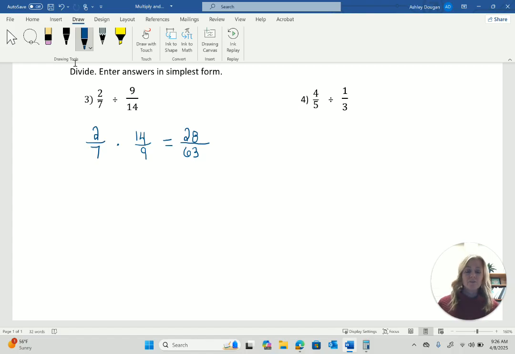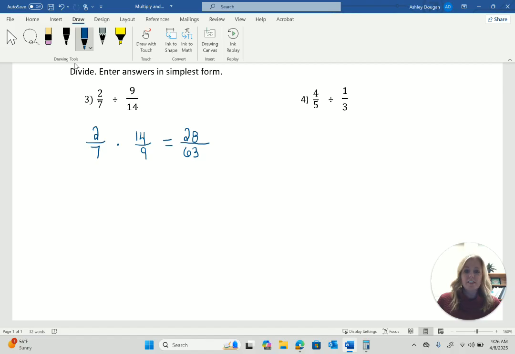I want to make sure my answer is in simplest form. So I'm looking, are there any numbers that divide evenly into 28 and 63? And I can't use the 2, because 63 is not even, so it's not going to be divisible by 2. So I need to look at some other numbers. Think about your multiplication tables.